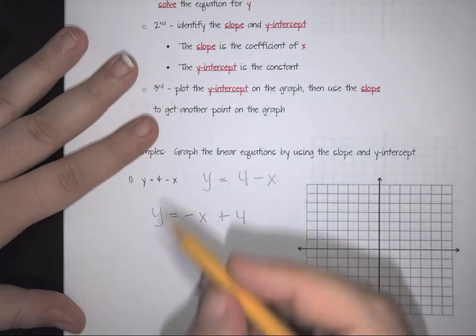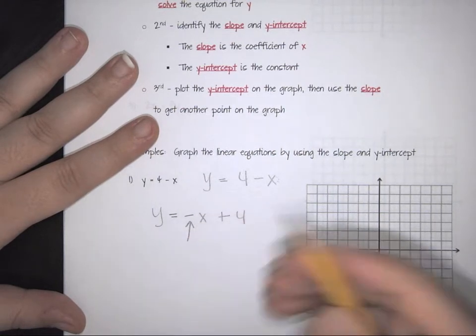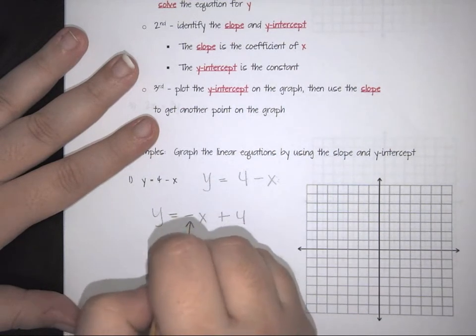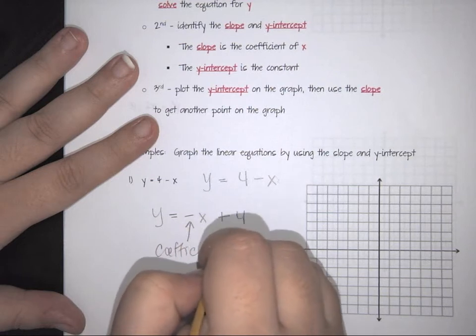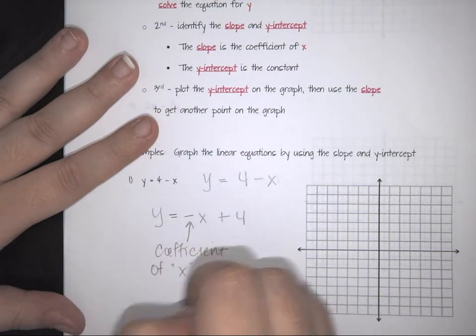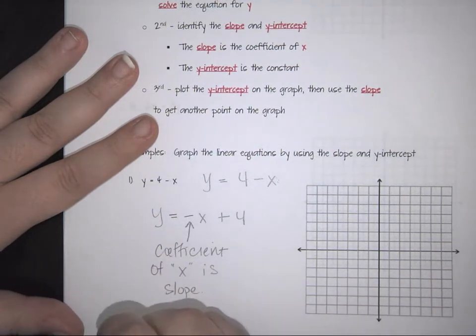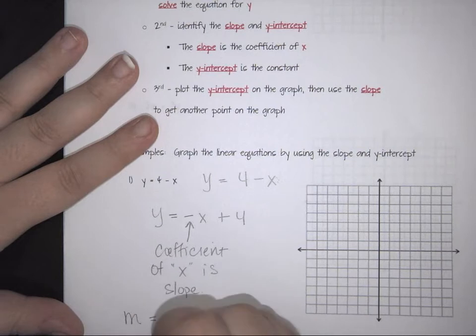Now with that, we can identify our pieces. First, the coefficient of the x is slope. So m is equal to negative 1.